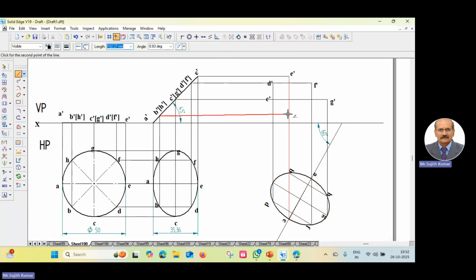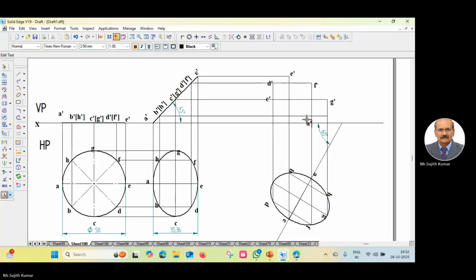This is B and H. Then A. A is coming here. Many points are coinciding here, so this is A dash. This is H dash. This is B dash.